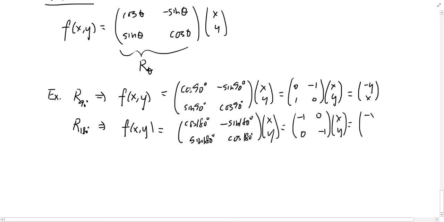And that just becomes (negative x, negative y). Voila. There you go. Interesting. You will need to know the rotation matrix for your upcoming tests, so please make sure that you memorize it.